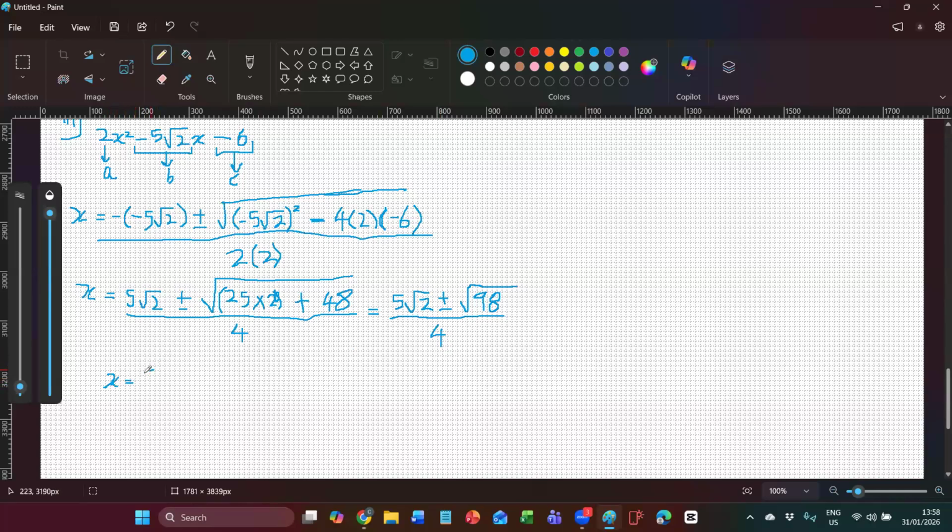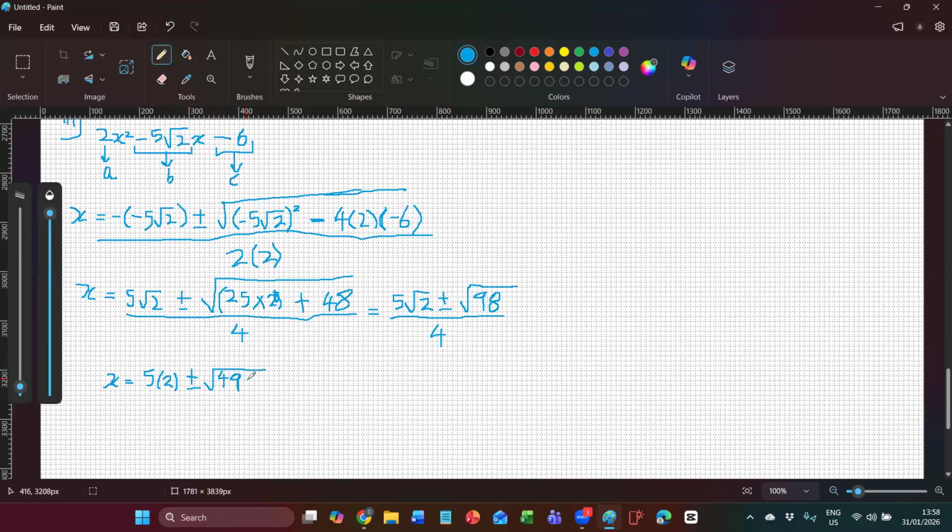So I can now write my next line as what? 5 surd 2 plus or minus... Now you can even see what's going to happen under that bracket, isn't it? Because square root of 49 is 7.